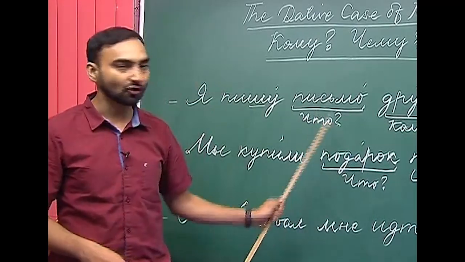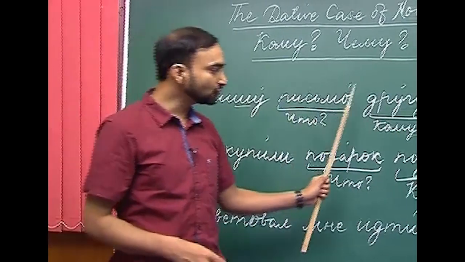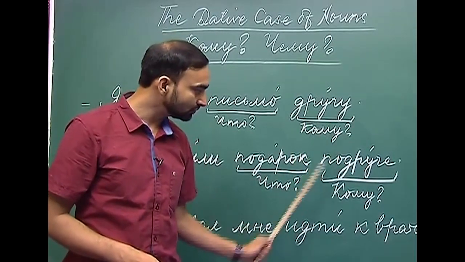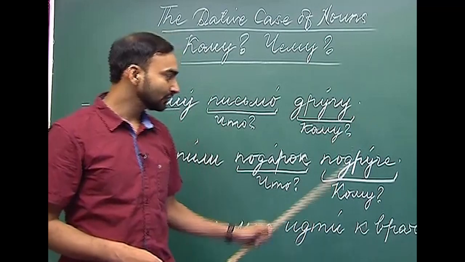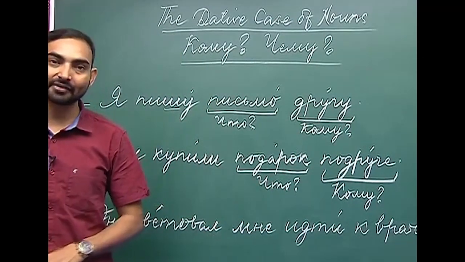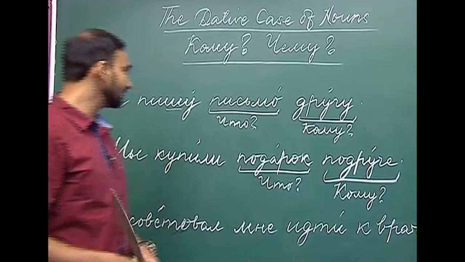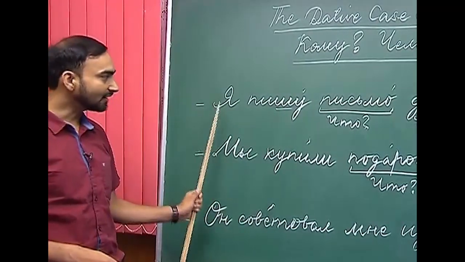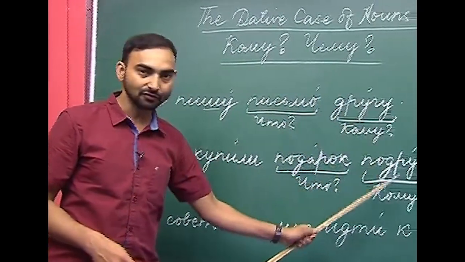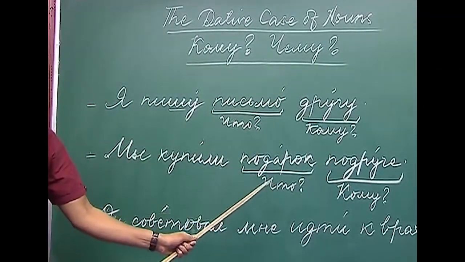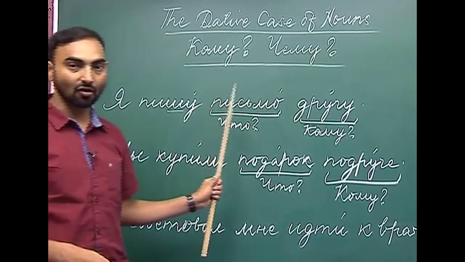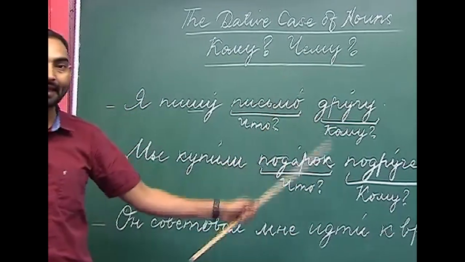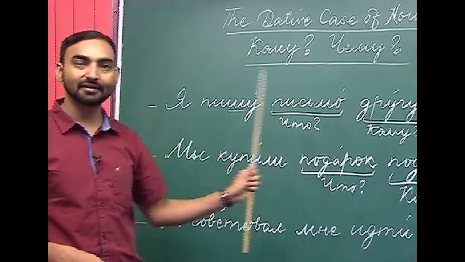So, these are direct objects, and drugu and padruge, they answer the question kamu, to whom. So, these are the indirect objects. Why are they called indirect objects? Because the subjects in both these sentences, ya and mi, are related to these nouns through the direct objects. So, if there is no direct object, there will be no indirect objects. That is why they are called indirect objects. They are indirectly related to the subject here.